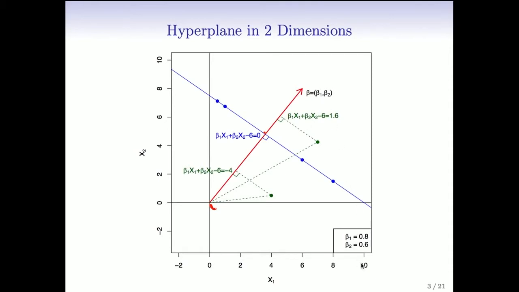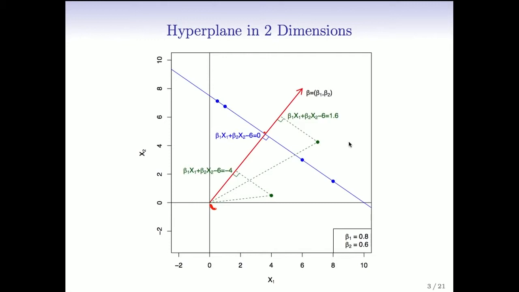In this example, the direction, beta 1 and beta 2, are given by 0.8 and 0.6 in the bottom corner here. Those are the two values for beta 1 and beta 2 that define this normal. If you check, you'll see that the sum of squares of beta 1 and beta 2 adds up to 1. That means that beta is a unit vector, and so the direction vector is a unit vector.